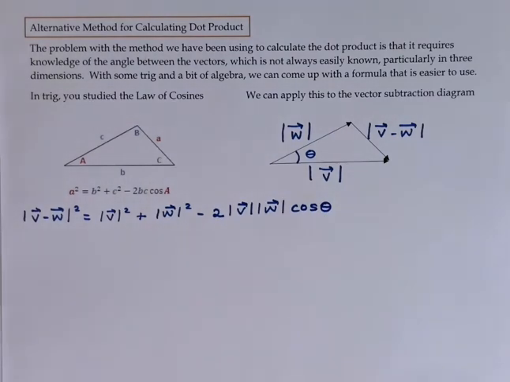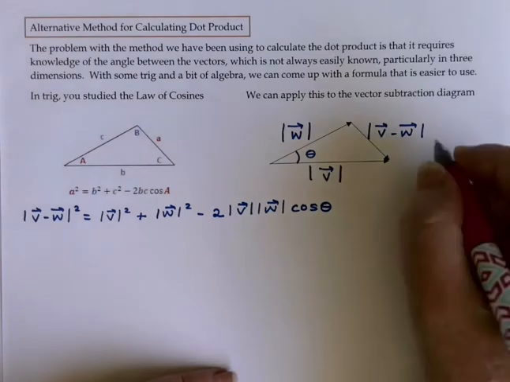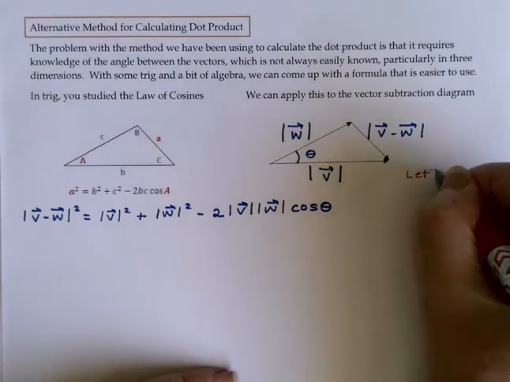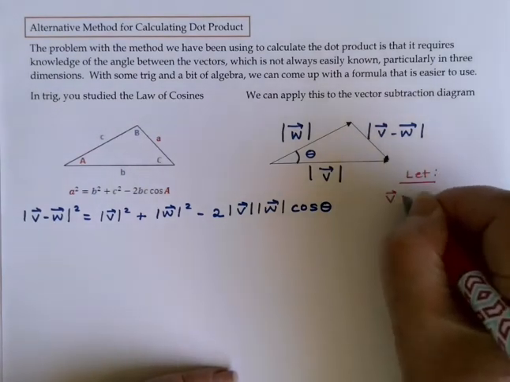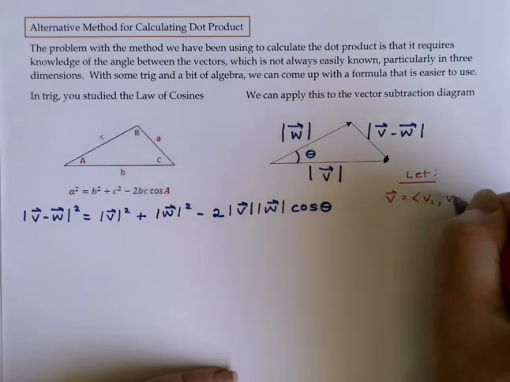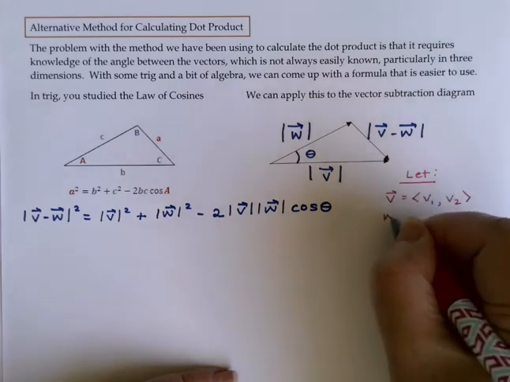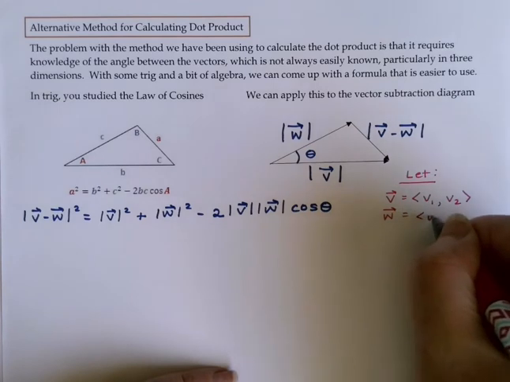All right, we're going to start putting in some specifics now. I'm going to make the assumption that v is going to be the vector v1, v2. W is going to be w1, w2.